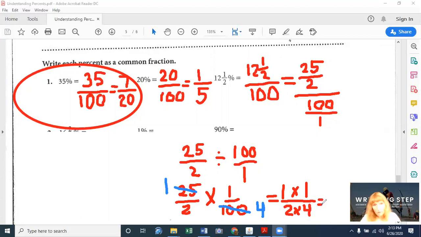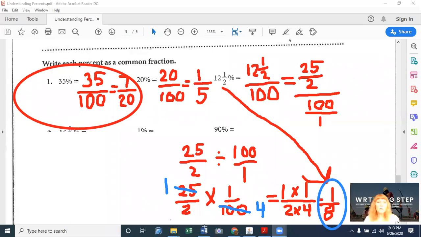And that gives me 1 on top, 8 on the bottom. So 1/8. So 12.5% is equal to 1/8 as a fraction. That is the official answer. We'll circle that one so we see it.